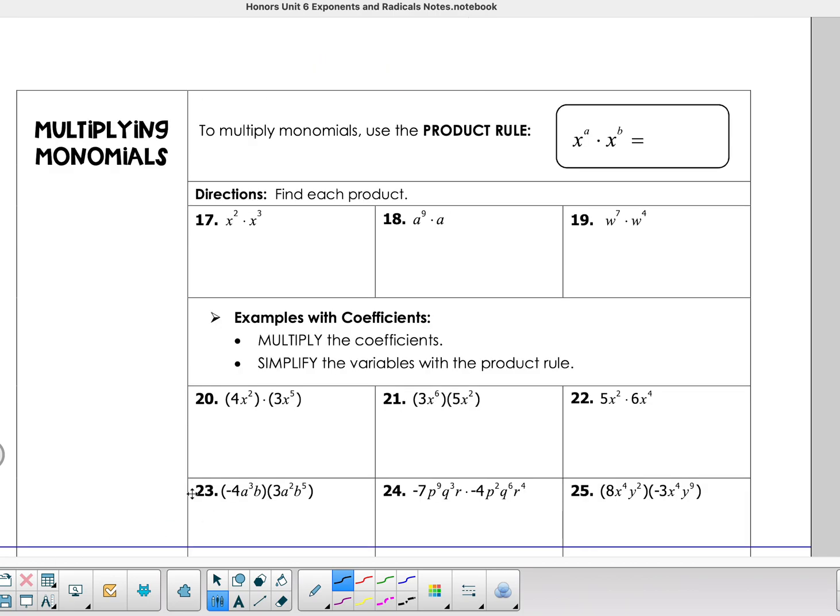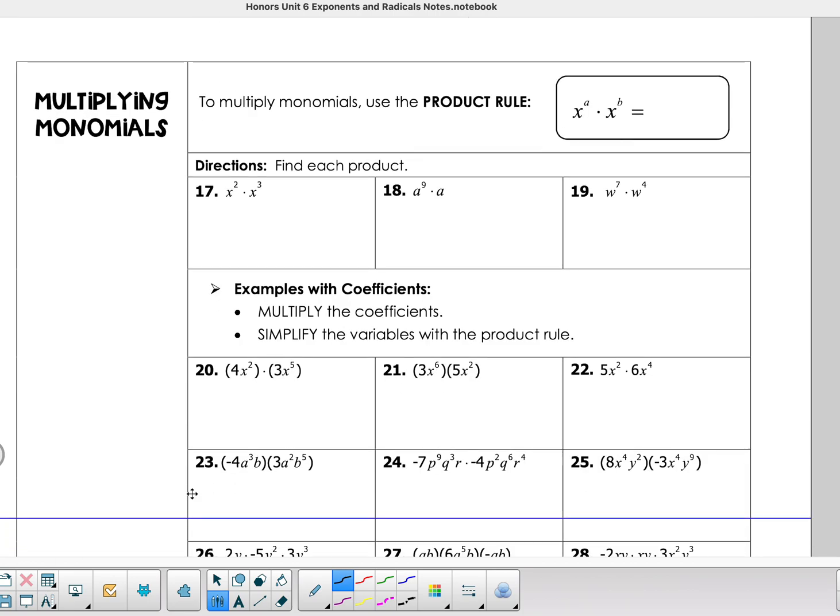And let's start with a 7th grade skill. When the bases are the same, you add the exponents. So here's your definition. There's your generic definition. Looking at number 19, 7 plus 4. Write the base of W once, 7 plus 4.